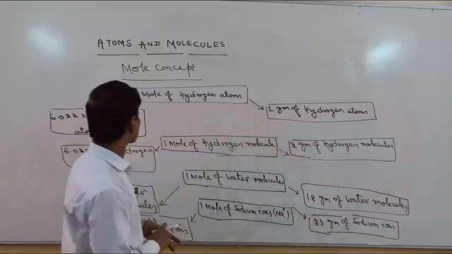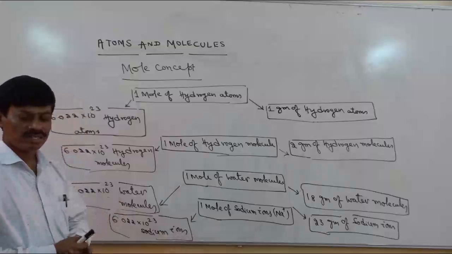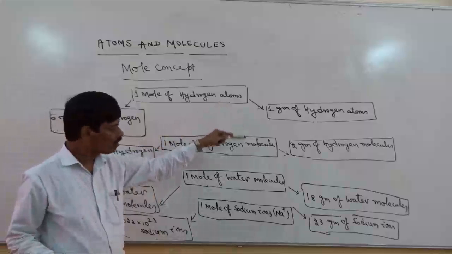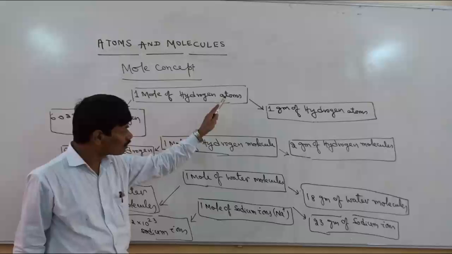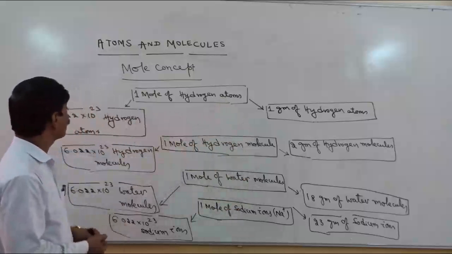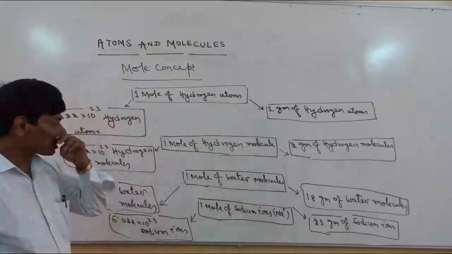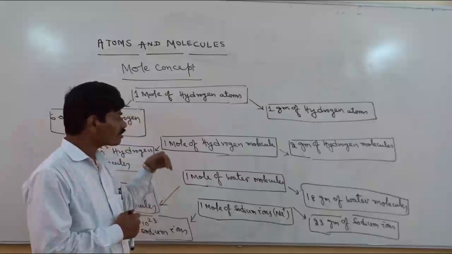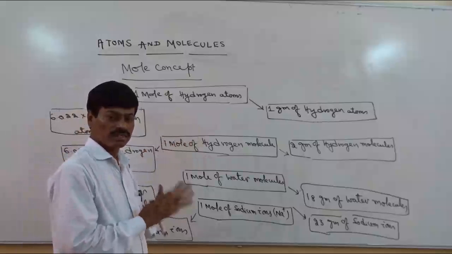So, in the concept, particle was written. Particle means atoms or molecules or ions, so all three are covered. That is how, in the mole concept, the Avogadro number of particles and the molar mass are correlated. Based on this, numericals can be set.